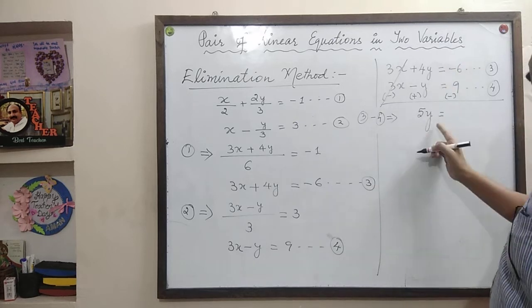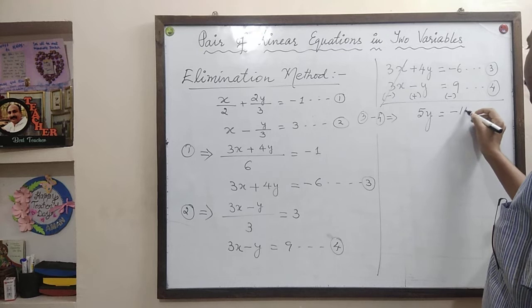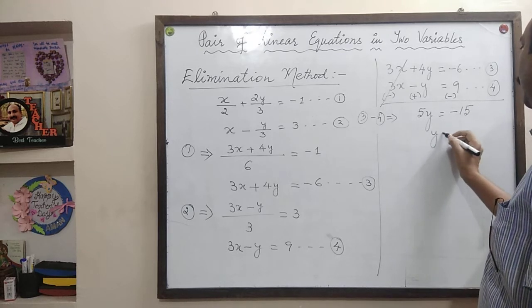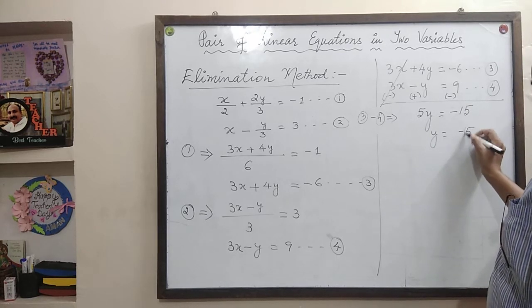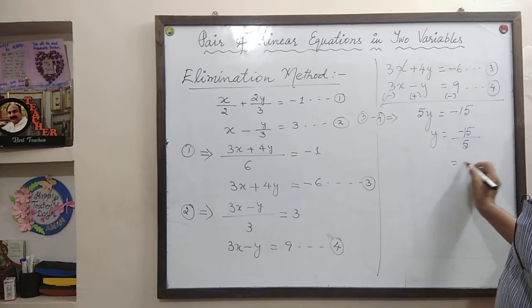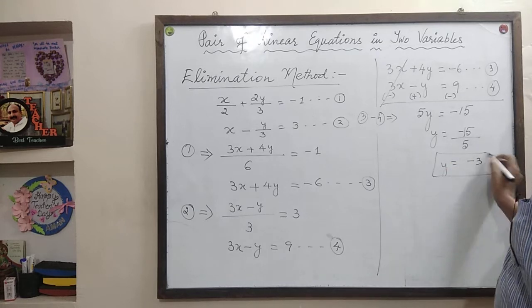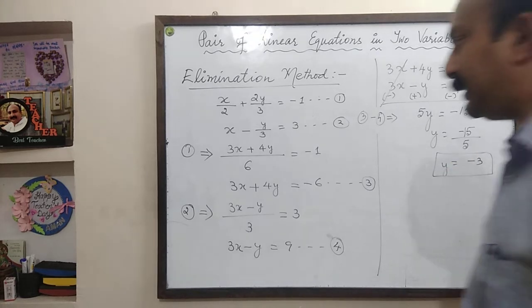Minus 6 minus 9, minus 15. Therefore, y is equal to minus 15 upon 5 is equal to minus 3. y is equal to minus 3.